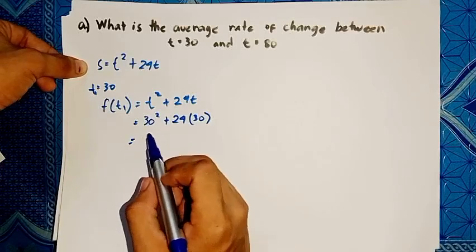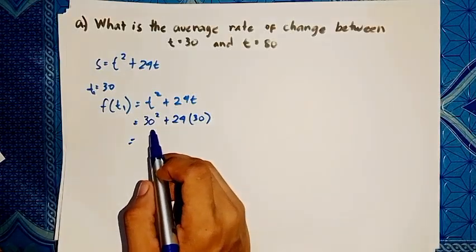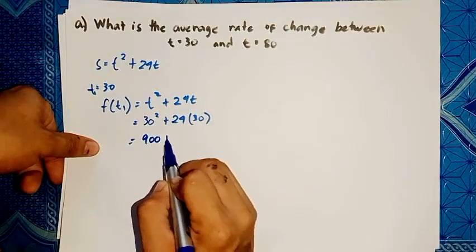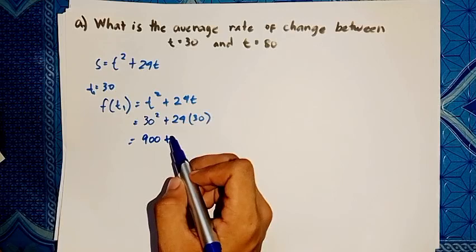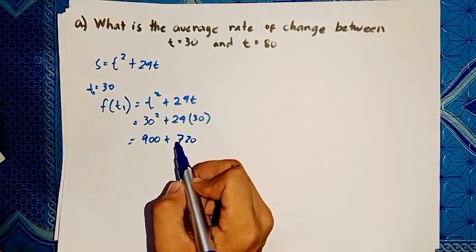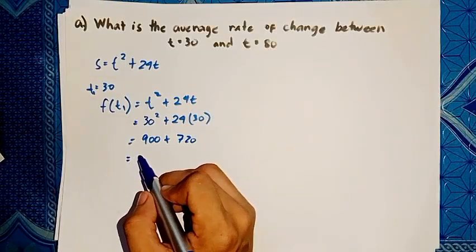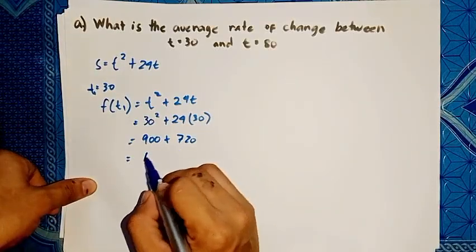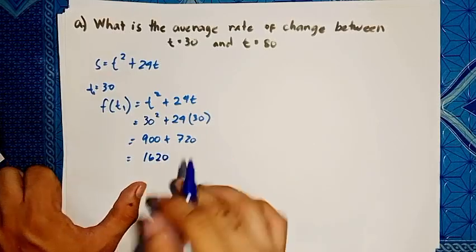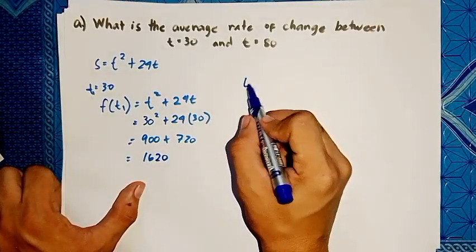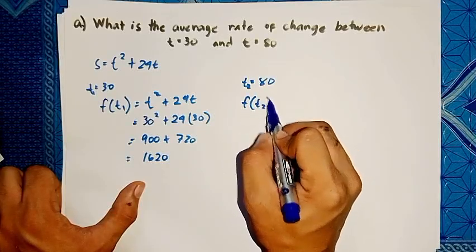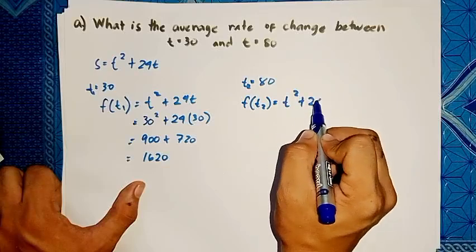So 30 times 30, we have 900 plus 24 times 30, we have 720. So 900 plus 720, we have 1,620. Now, when t is 80, let's denote it as t2. So f of t2 is equal to t squared plus 24t.